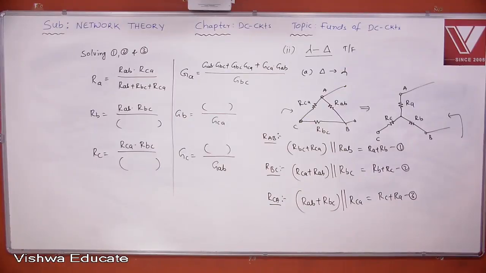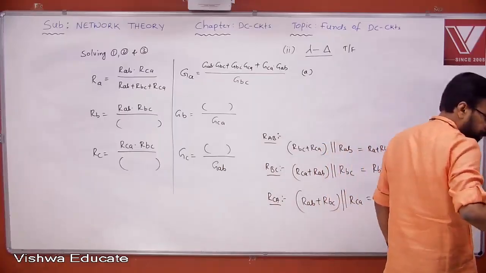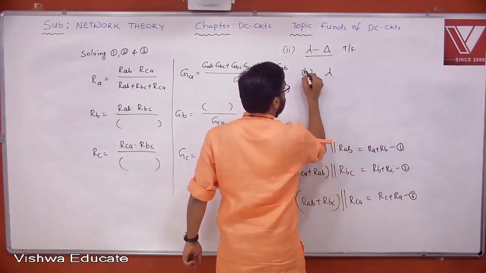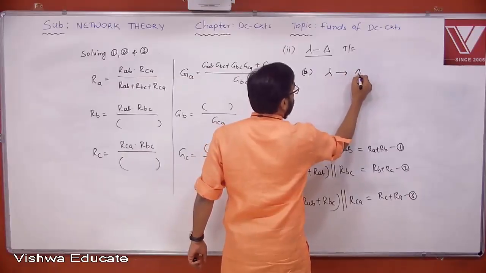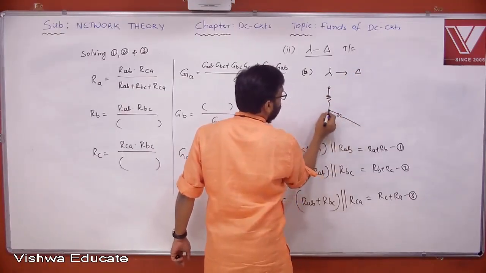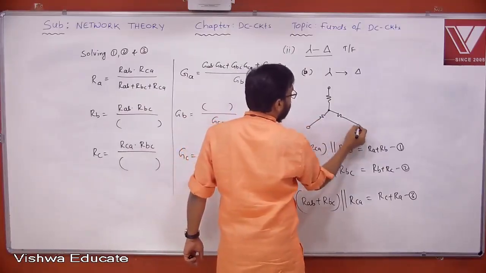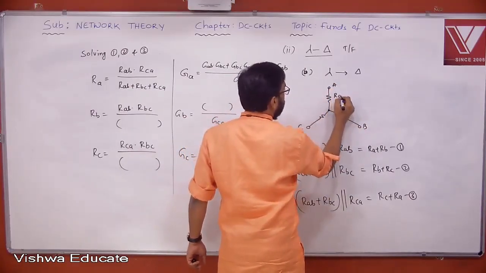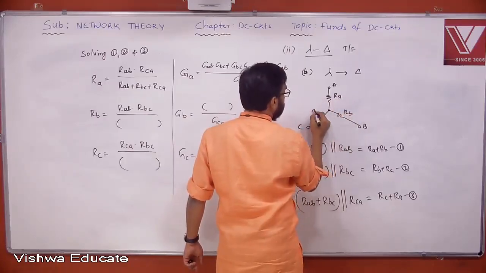Note down quickly. So, the star elements are known values and the delta elements are unknown values. This is RA, this is RB, and this is RC.